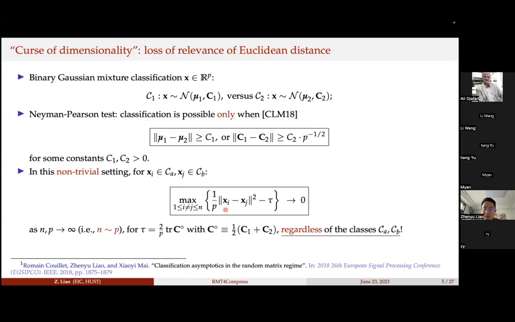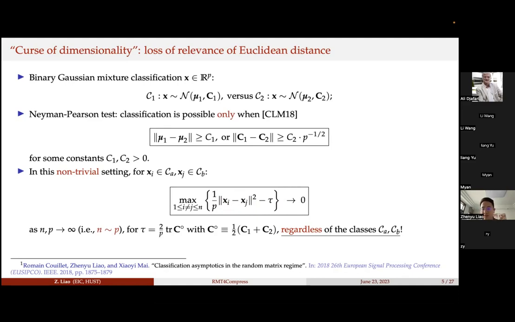So this means for n and p large, in the high dimensional regime, you take any two data vectors xi and xj, which may belong to the same or different classes. As long as you compute this normalized Euclidean distance, you'll always get the same constant. And this constant does not tell you, unfortunately, whether they are from the same or different classes.